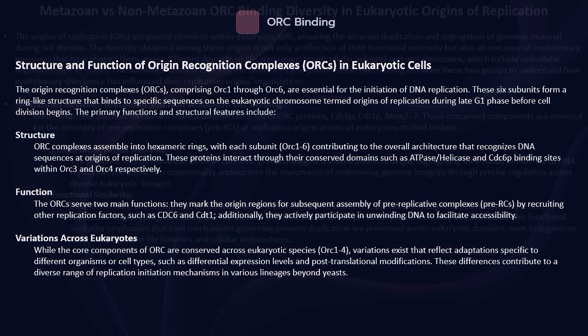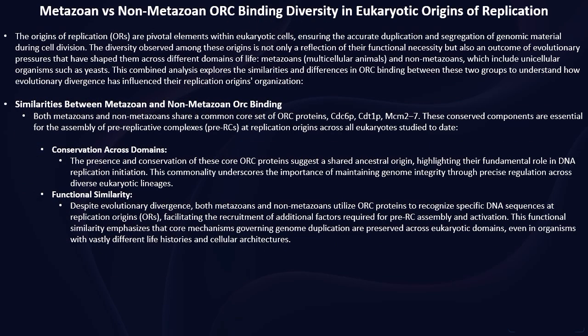Now let's discuss the similarities and differences between metazoan and non-metazoan origin recognition complex binding diversity in eukaryotic origins of replication. This paragraph is just a revision of what I mentioned earlier.